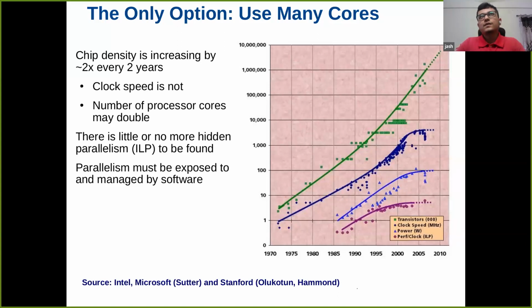Since we have multiple cores, we need to make sure that we use all of them, and for that we have this API called OpenMP. The point to note is that since the parallelism is now exposed to the software, it's our responsibility to write our programs in such a way that we make the best use of this parallelism.